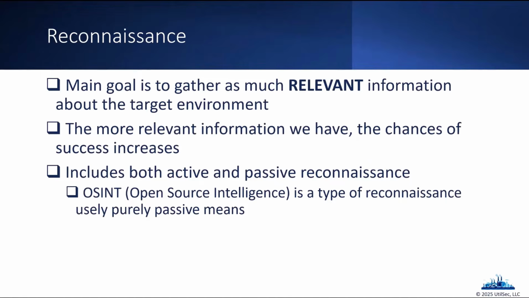So we're really talking about starting with reconnaissance. And reconnaissance often is all about finding information about the target environment that will help us be more successful in our pen test and breaking in. And that's why I say relevant information, because you can use Google and a lot of other tools out on the internet to perform reconnaissance, including OSINT, right?